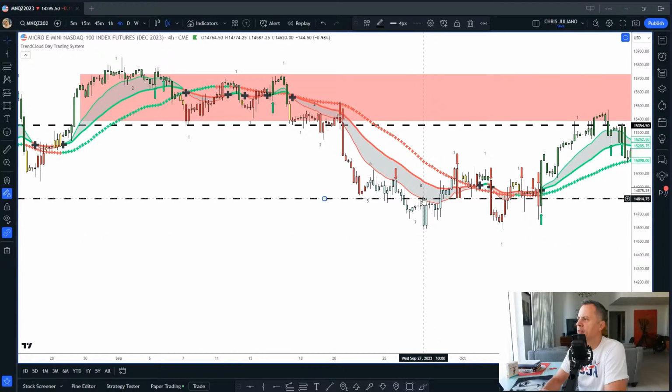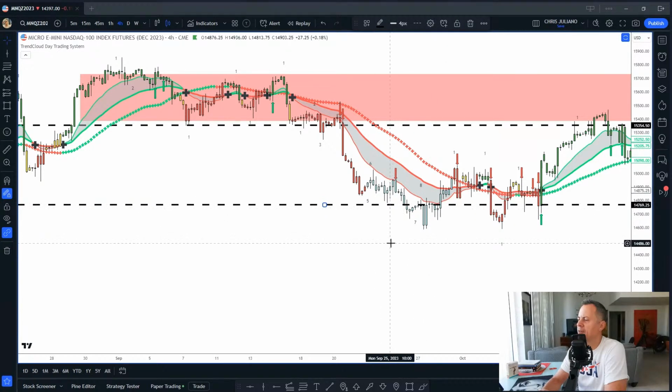I would have trailed this thing down candle by candle on the 4-hour chart, and it kind of took you out right on the 27th, right? We broke through structure actually right here on the 19th, and we went all the way to the 27th.